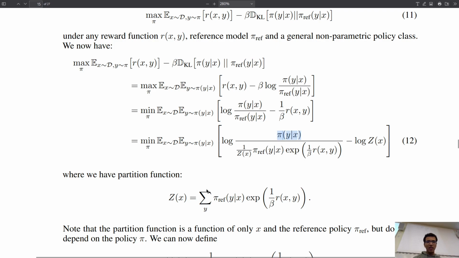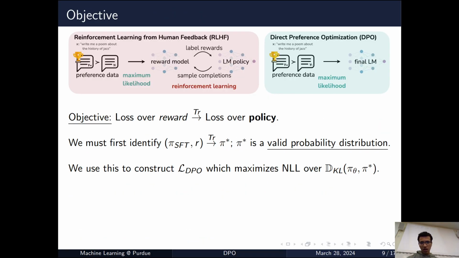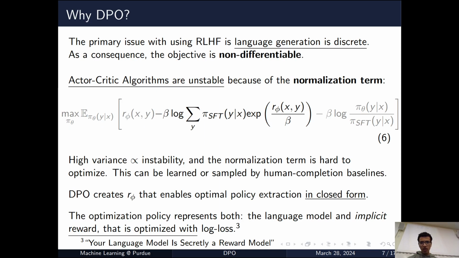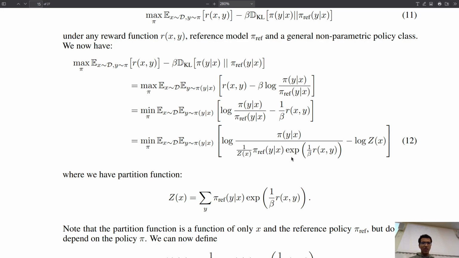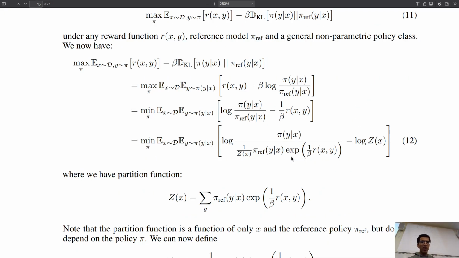And we can see that the partition function over here is reminiscent of the normalization term that we had, where we have pi SFT exponent reward over beta. That's the normalization term that we extracted.